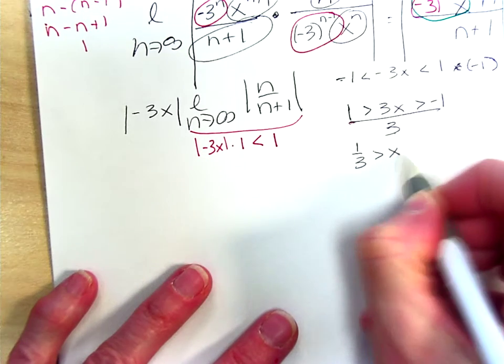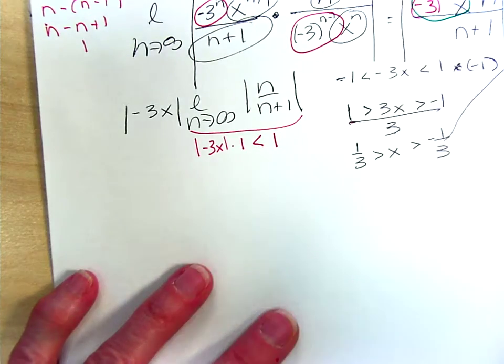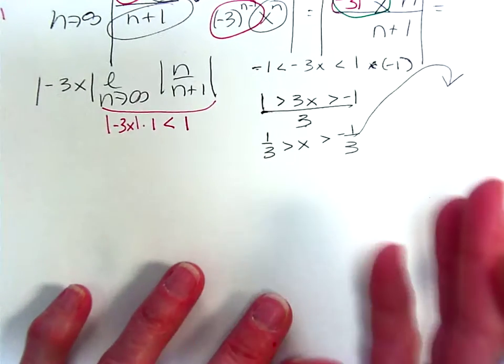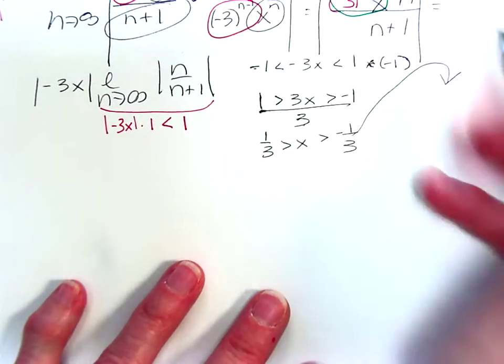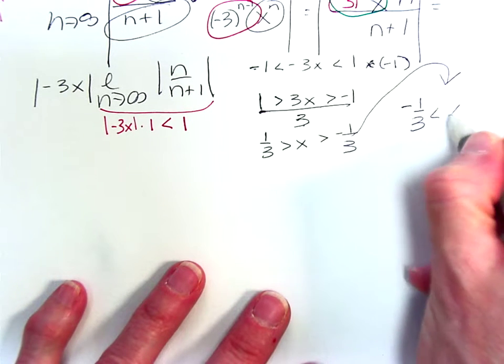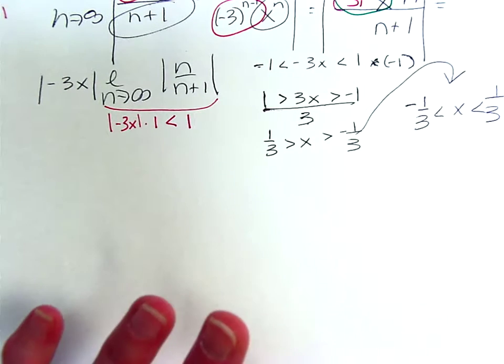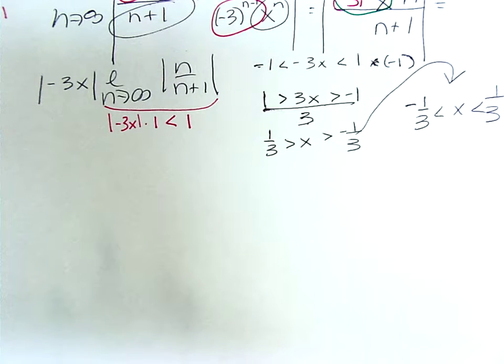And I really should rewrite it so that the lowest term is on the left. So we rewrite it as minus 1/3 less than x less than 1/3. So that's my interval of convergence.